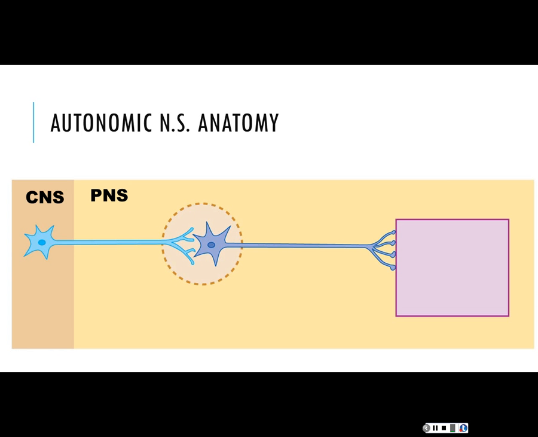We could also use our other terminology. We could say presynaptic, we could say postsynaptic, but here I have a ganglion, so I would say preganglion and postganglion. In your autonomic nervous system, there are two cells in a row.